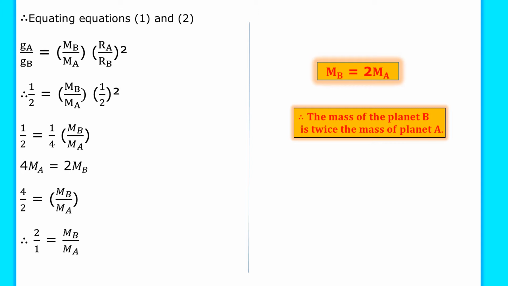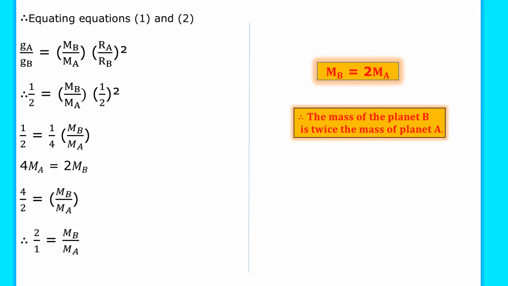Now ga upon gb is given, that is half. So 1 upon 2 is equal to mb upon ma into bracket, ra upon rb value is 1 upon 2, bracket square. So therefore 1 upon 2 is equal to 1 upon 4, means 1 upon 2 square is what? 1 upon 4. So 1 upon 4 into mb upon ma.